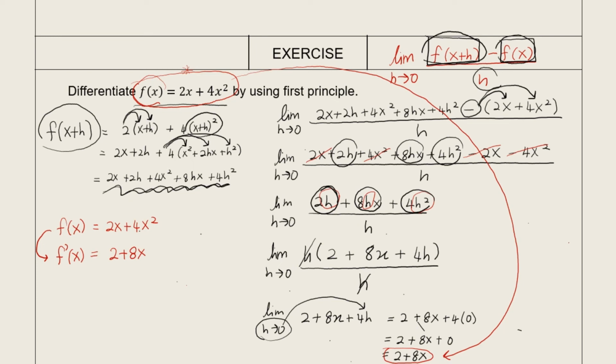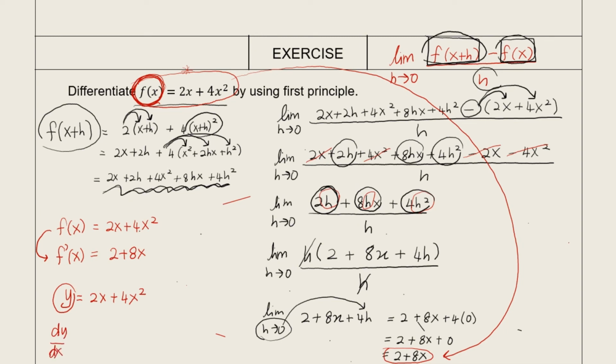We already found it by using the first principle. But if we are using the symbol y in front of this equation, for example, you have y equal to 2x plus 4x squared, when we are differentiating this function with respect to x, the symbol will be dy/dx.